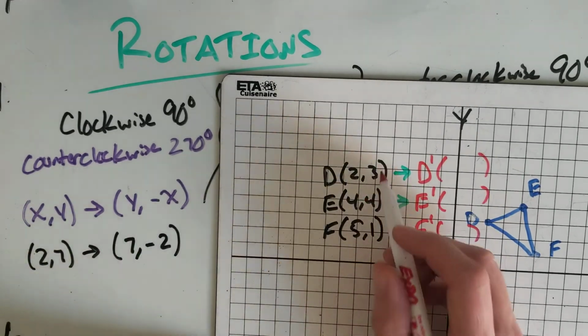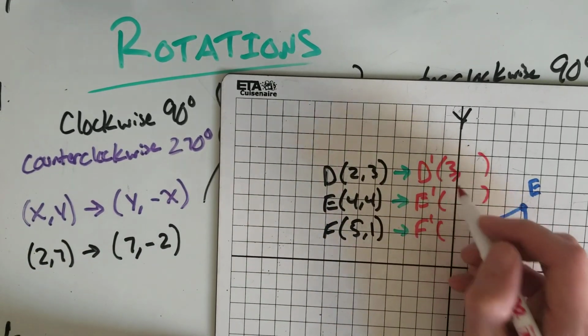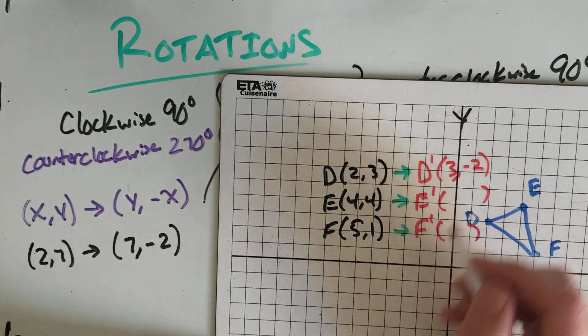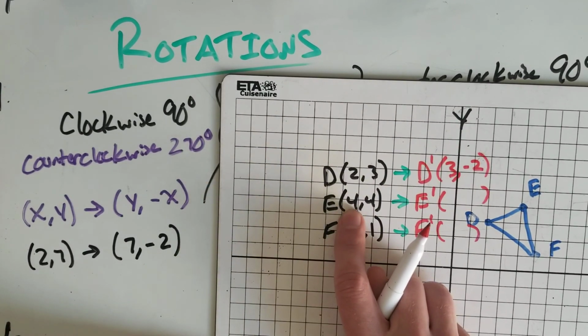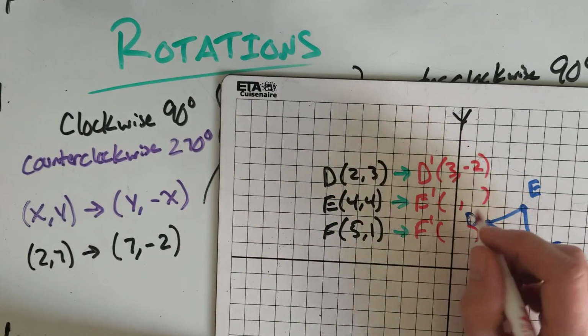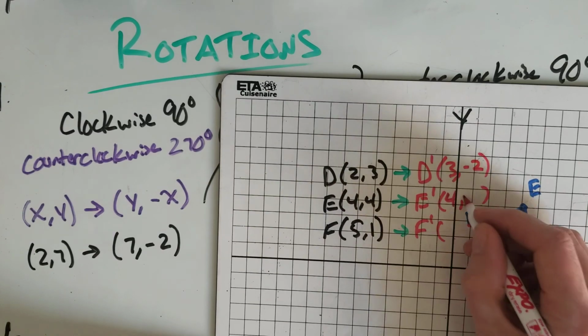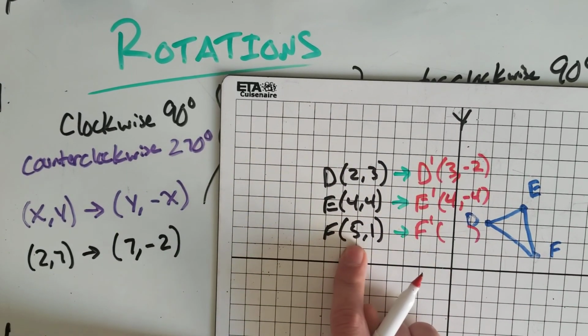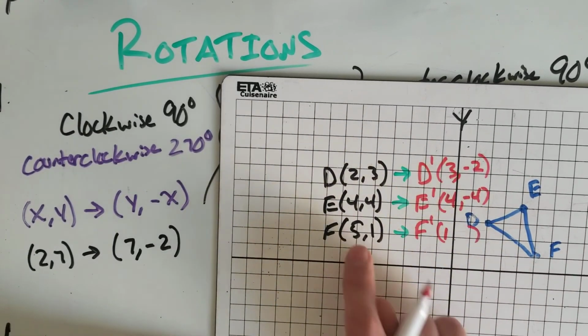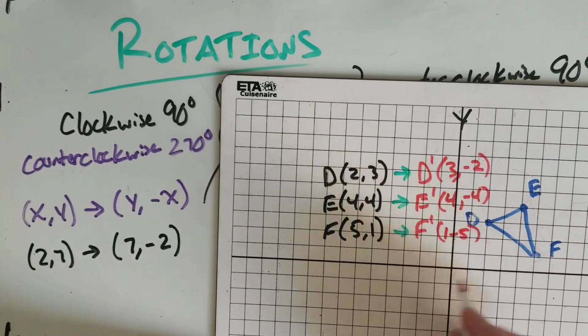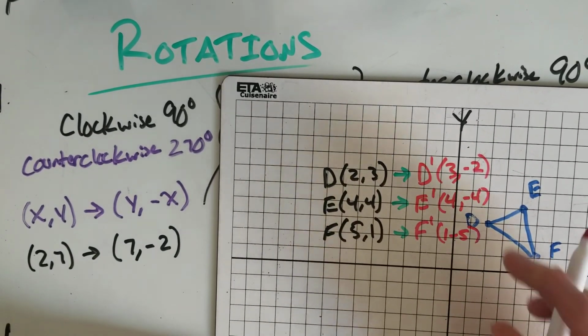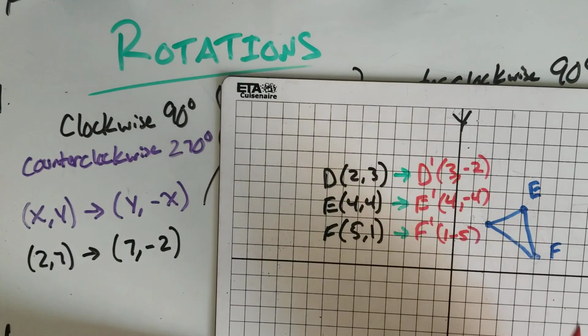So 3 becomes x, and 2 changes sign and becomes y. Your x was 4, so it's going to become a negative 4 for your y, and your y becomes your x, so you have 4, negative 4. Your y becomes your x, so it's 1, and then negative 5. So these, right here in red, those are going to be your final points, your final coordinates.